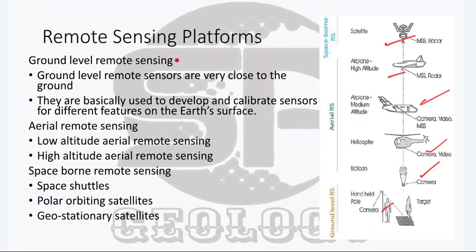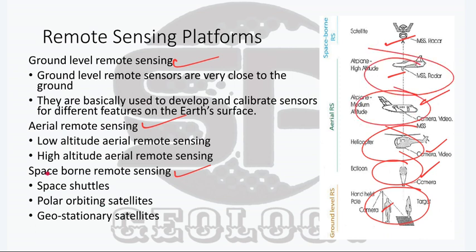Divided into ground level remote sensing, aerial remote sensing, and spaceborne remote sensing. Spaceborne remote sensing includes satellites, space shuttles, polar orbiting satellites, geostationary satellites. So there are three types of remote sensing on the basis of acquiring information from a certain height: ground level, aerial, and spaceborne remote sensing.